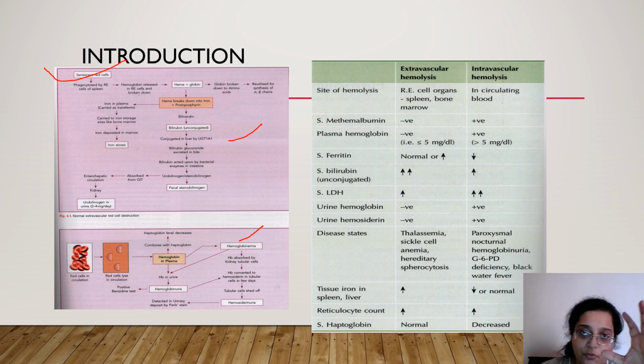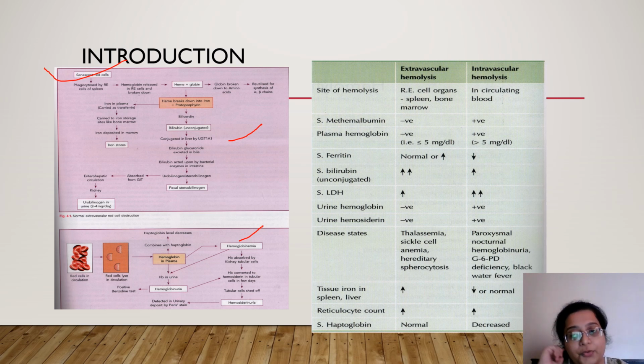We all know that haptoglobin is present in the blood, synthesized by the liver, and as the free hemoglobin binds to haptoglobin, the haptoglobin level will decrease. This will not happen in extravascular hemolysis, because extravascular hemolysis involves the reticuloendothelial system. It is not happening inside the blood vessels.